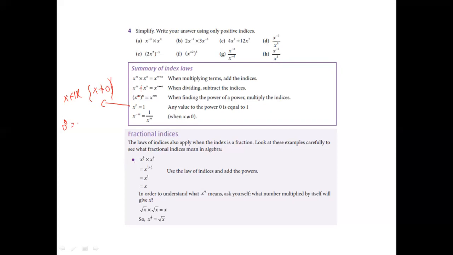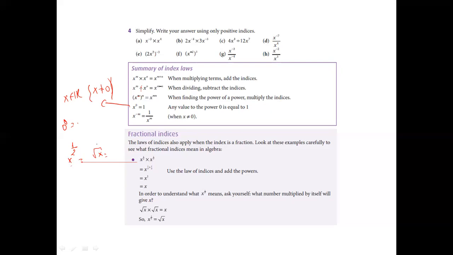So x to the power of 1 over 2 means, in algebra, how can I write it in an easy expression? It means the square root of x, because if you open the root, it is equal to 1 over 2.